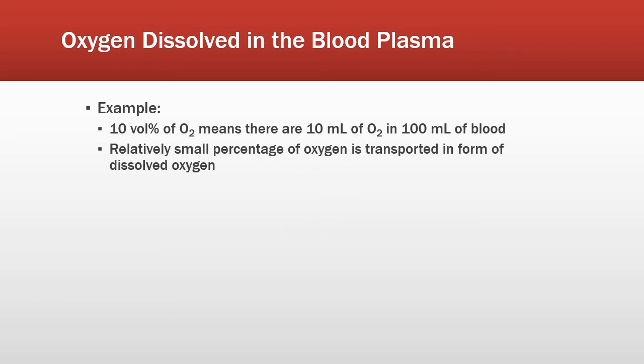For example, 10 vols percent of O2 means that there are 10 milliliters of oxygen in 100 mils of blood. Relatively small percentages of oxygen are transported in the form of dissolved oxygen.